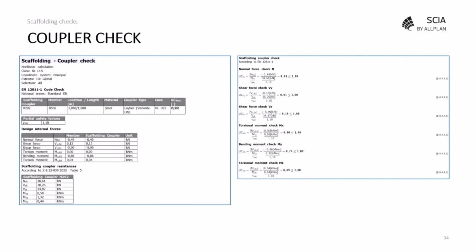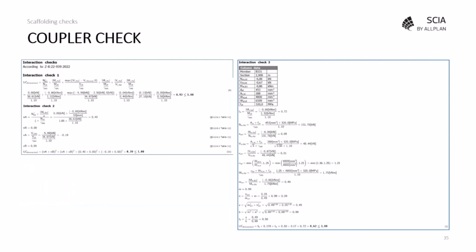So here you will see the internal forces, the resistances, the individual checks, and also the interaction checks. And you can see an interaction check 3. It's quite extensive. So you see that there are a lot of formulas that are used to come to that check.